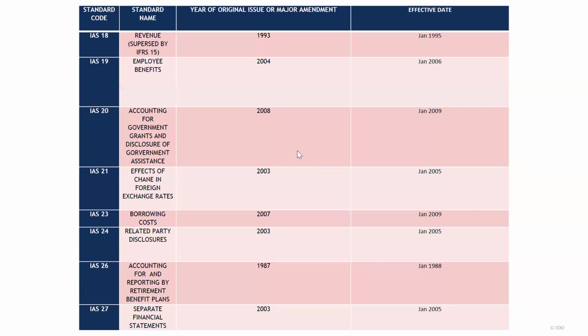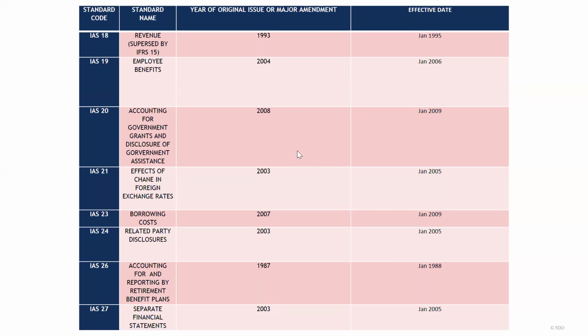There are those that we can call short-term employee benefits. We have got post-employment benefits, and we have termination benefits. And it gives guidance on how to account for each and every one of those categories. We said IAS 18 was replaced by IFRS 15, so we don't need to belabor ourselves in discussing it.